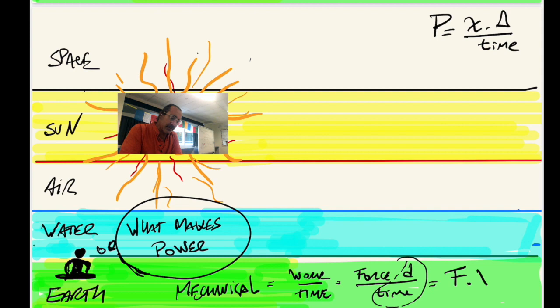So there are two factors that make mechanical power. One is force, and the other one is velocity. We can play with these factors. We can, for example, in a bicycle, play with a gear system to increase the force, sacrificing velocity, but we cannot increase the power. We only have a limited amount of chemical energy, or mechanical energy, that we can put into a bicycle.